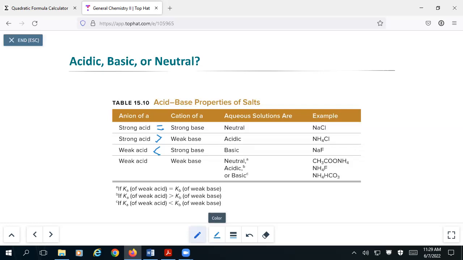If I have the chaos scenario where I've got weak acid and weak base coming together, there's no way to do that just by looking without going to the numbers. I've got to look up the Ka and the Kb.